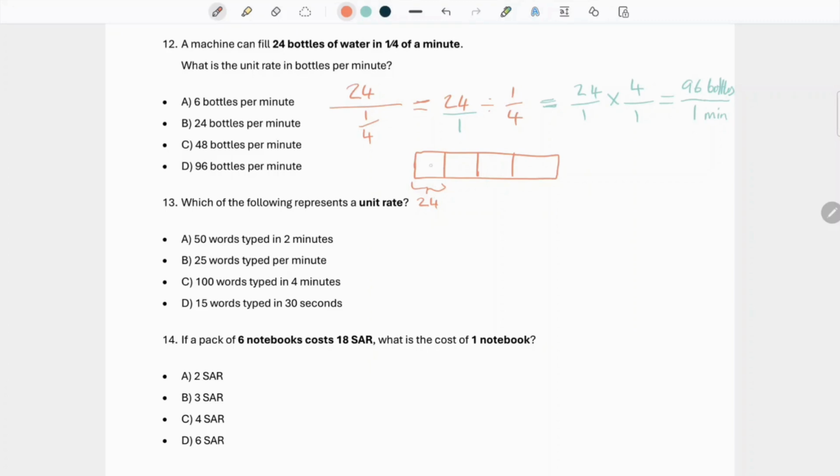So if 1/4 is 24 bottles, 2/4 are going to be 48. Let's just write 24 in here. And 4/4 are going to be 96 bottles. So we could have just done 24 times 4, which is 96.